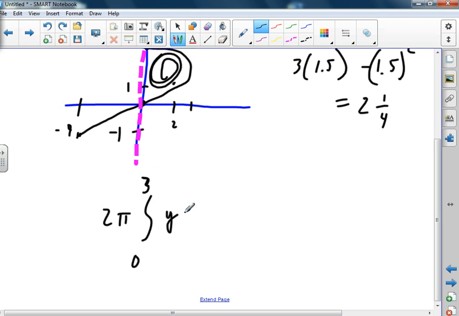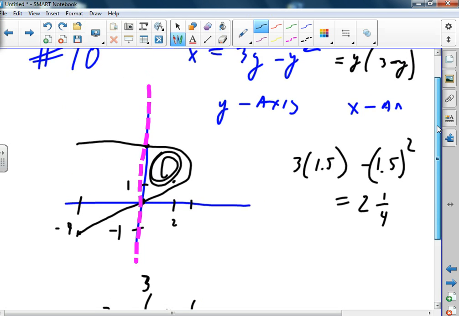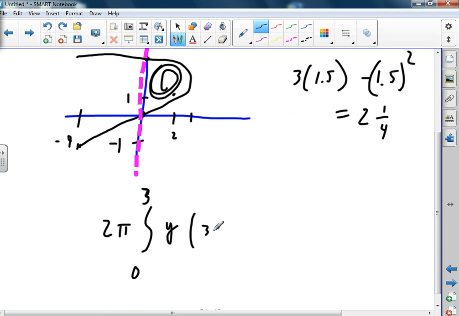Yes, it is. Yes, the radius is y. And the height is 3y minus y squared dy.